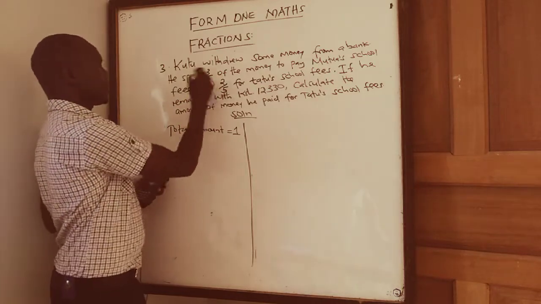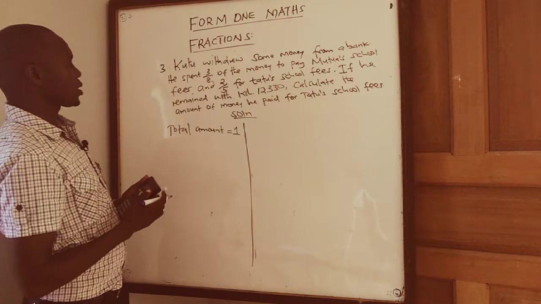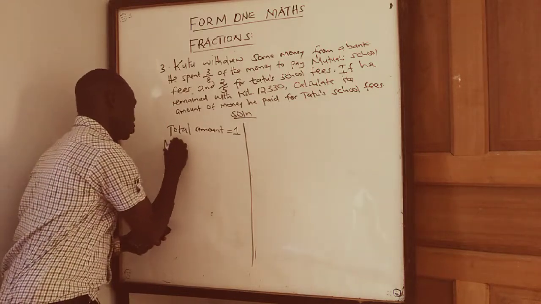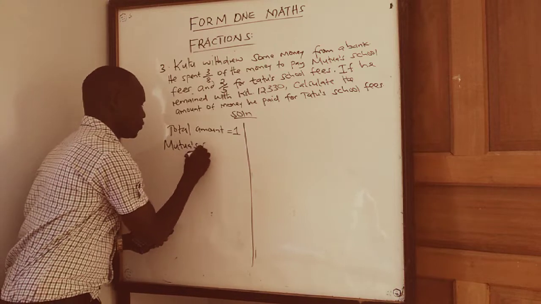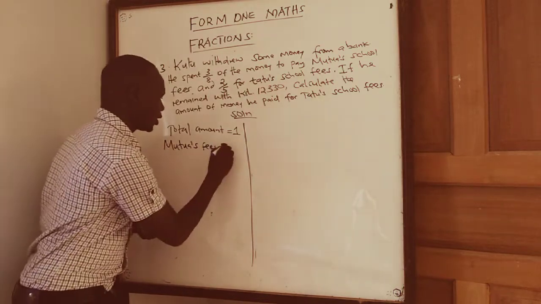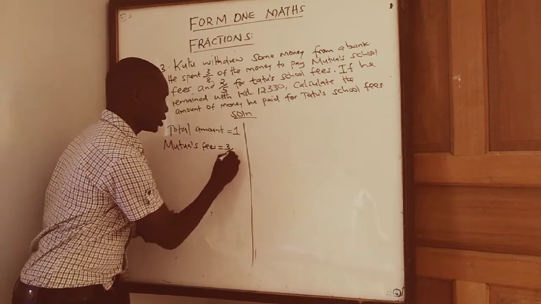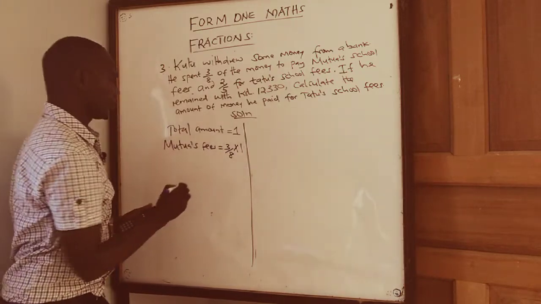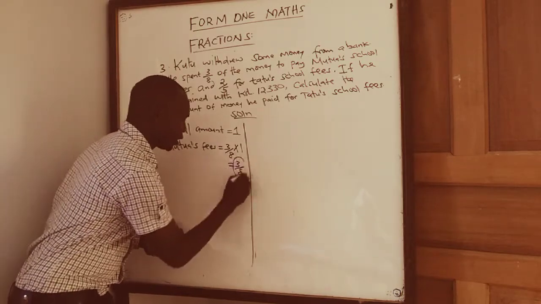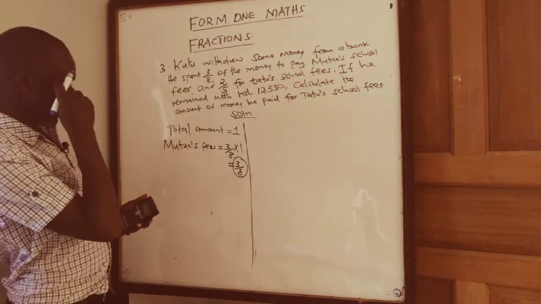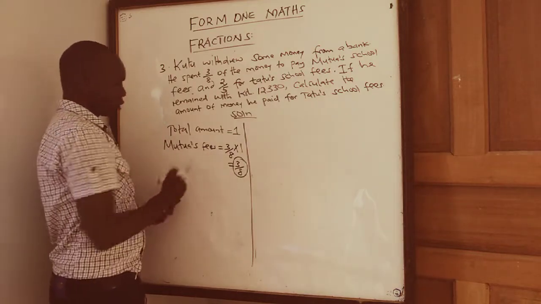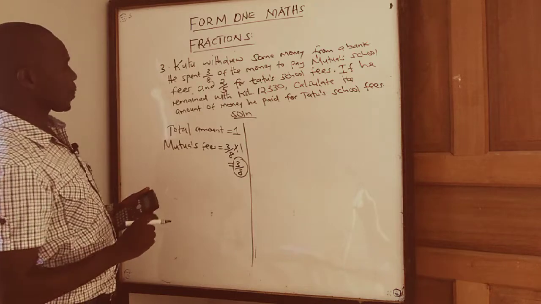Then from there, he spent 3/8 of the money to pay Mutua's school fees. Now, Mutua's fees took 3/8 of the total amount, which is 1, and this gives us 3/8. I want to circle it so that you can easily identify that 3/8 is what went to Mutua's school fees.